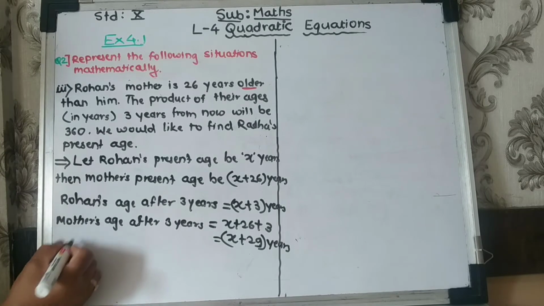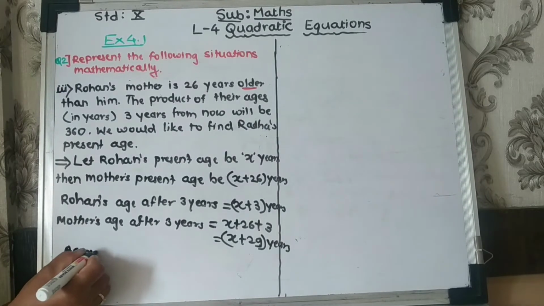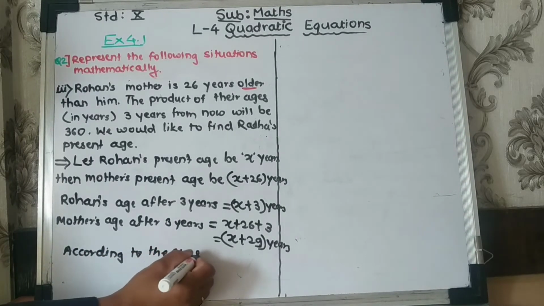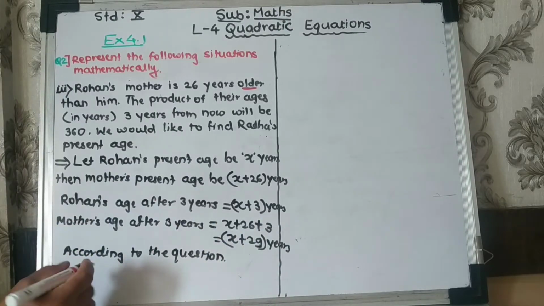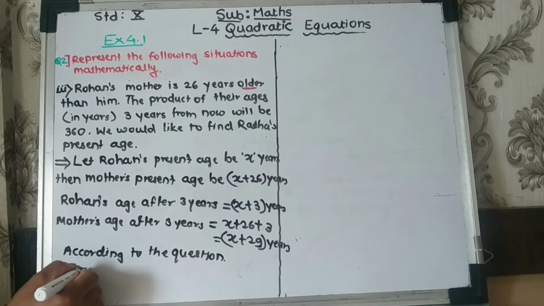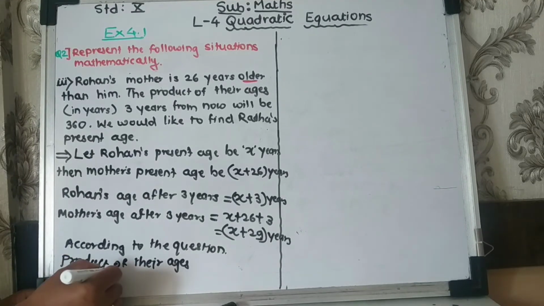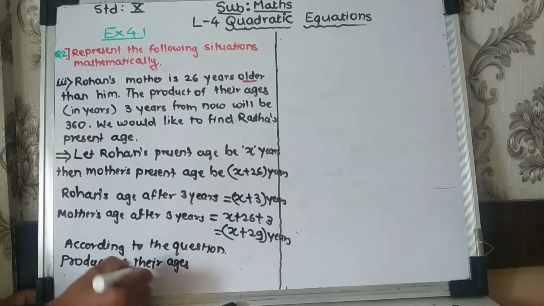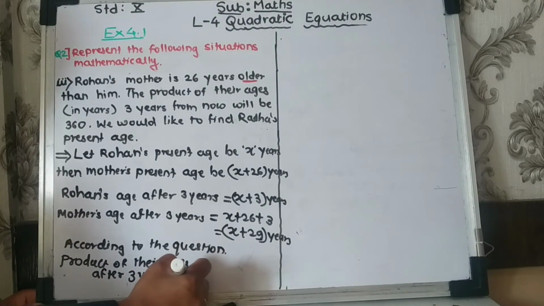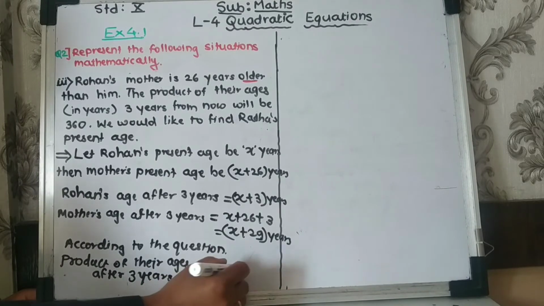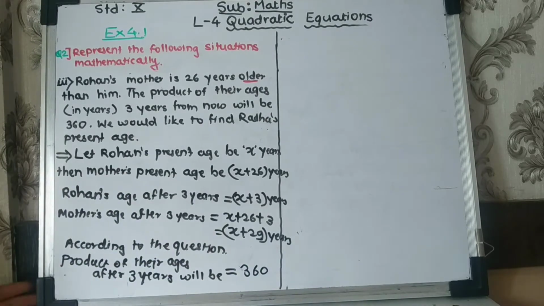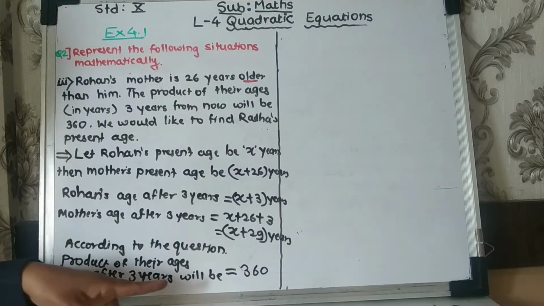So let us write according to the question. Product of their ages 3 years after will be equals to how much? It is 360. So this condition we have written.